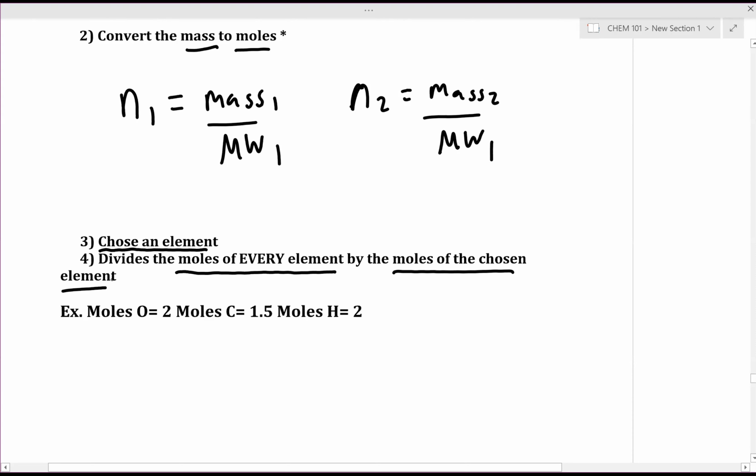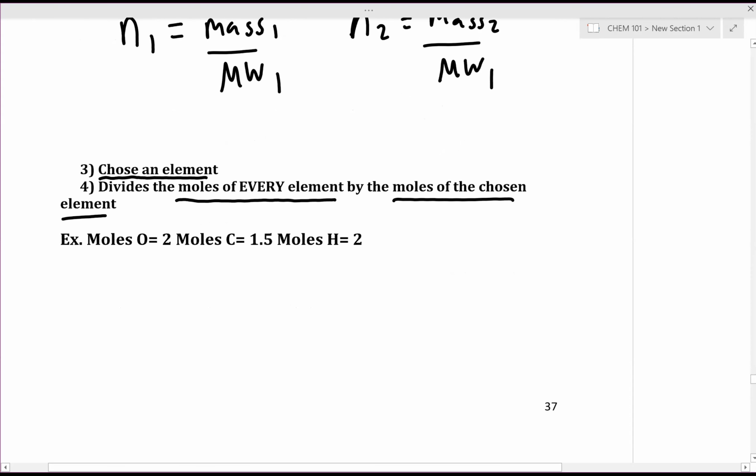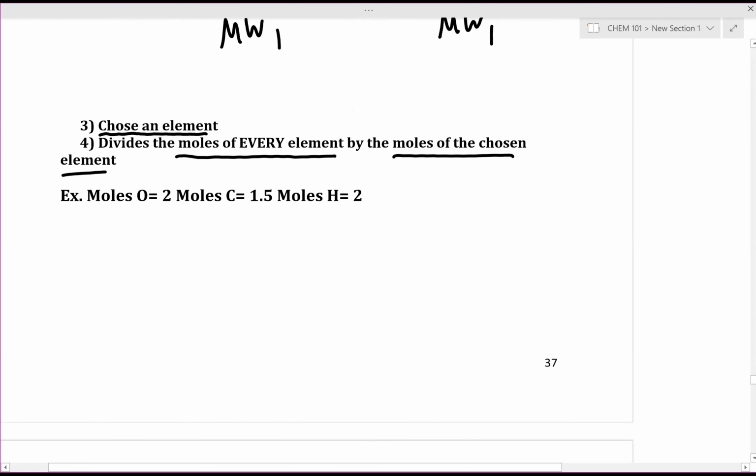This is a lot of words for something that in practice is very simple. Let's suppose we're given that our moles of oxygen are 2, our moles of carbon are 1.5, and our moles of hydrogen are 2. Which moles do you want to pick to divide everything by? In general, I like to pick the smallest number of moles. Oxygen, carbon, or hydrogen? Carbon. Sure. Let's pick carbon.